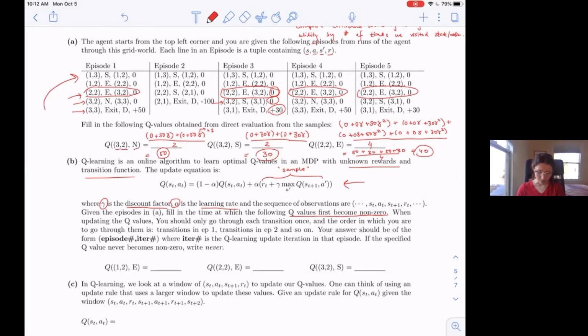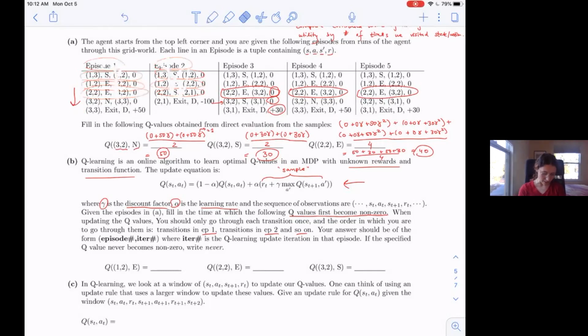When updating the Q values, we should only go through each transition once, and in the order in which you're going through them should be the transition in episode 1, the transitions in episode 2, and so on. So all that means is that we're going to start in episode 1, and then we're going to first observe this sample, then this sample, then this sample, and so on. Then we move to episode 2, and we go down the list. Our answer should be in the form of episode number and iteration number, where iteration number is the Q-learning update iteration in that episode.